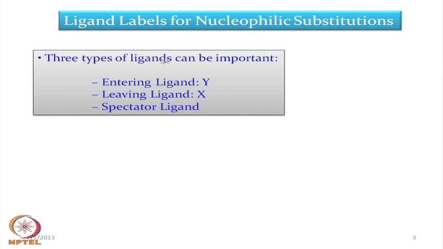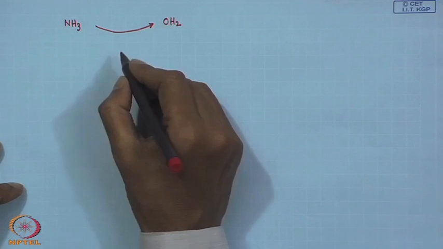Three types of ligands we can consider: the entering ligand Y, the ligand which is leaving from the system as X, and the spectator ligands which are present as L. So, we can have the kinetic information for the different cases, and we can use it to find the kinetic rate law for the different types of mechanisms.